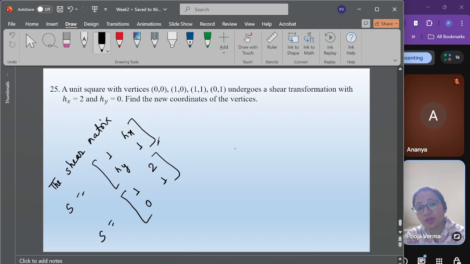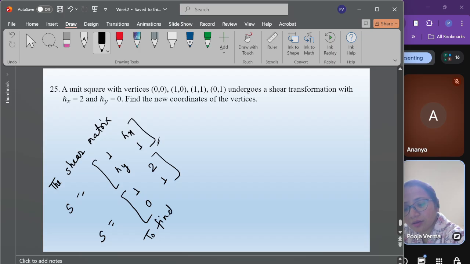Now we need to find out the new coordinates of the vertices, right? So to find the new coordinates of the vertices, first we need to multiply the shear matrix by each vertex vector. Okay, I'm writing it down.